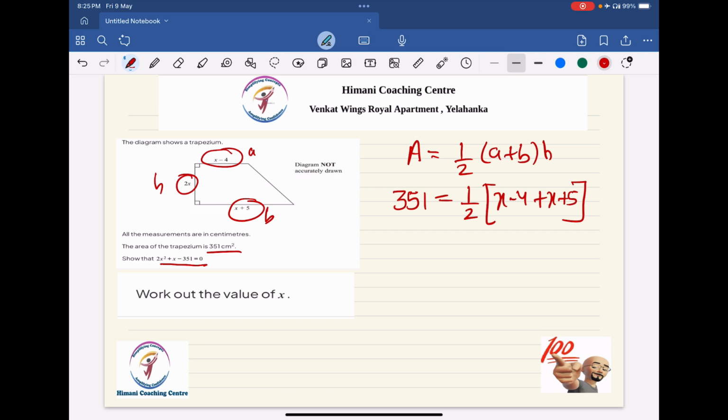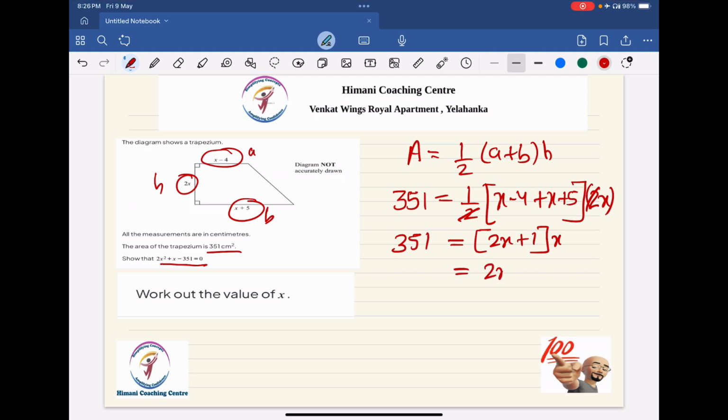The area and into h, which is 2x, correct? Into h. Now what will happen? This 2 and this 2 will cut each other, and we are left with inside here x plus x is 2x and 5 minus 4 is plus 1. And that gets multiplied with x, and we have got 351 here.